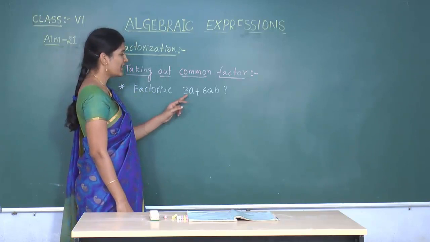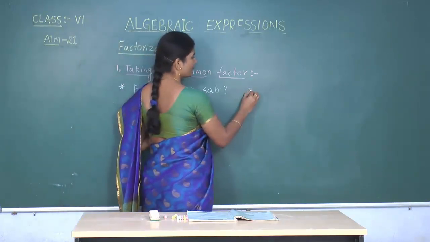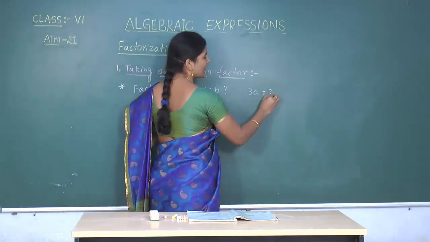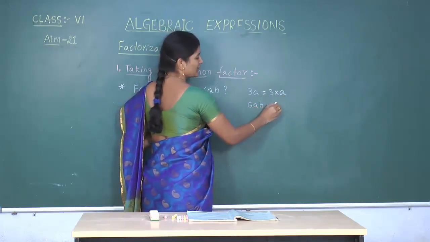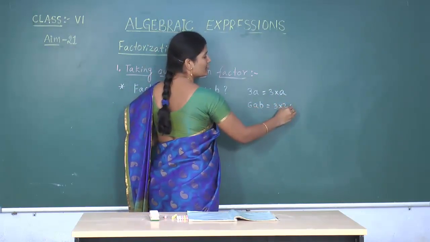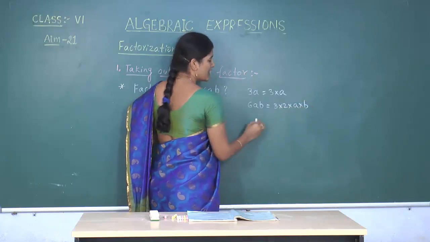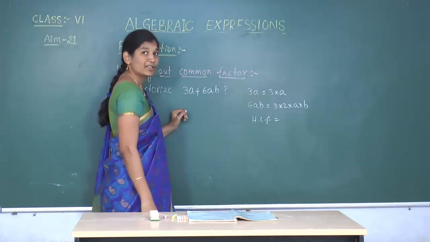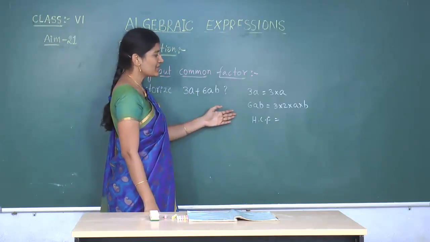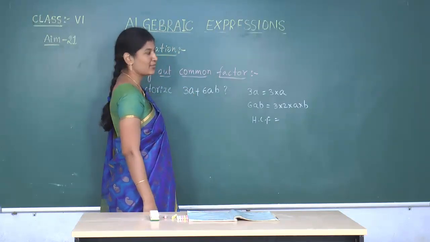Now let me find the HCF of these two. 3a we can write as 3 into a, and 6ab we can write as 3 into 2 into a into b. We already discussed HCF in the previous aim.